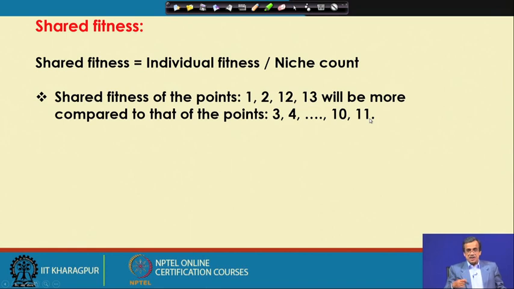Now, let me summarize whatever I discussed. Supposing that there are 13 points on the rank 1 front, for each point I try to find out what the niche count will be. Niche count is nothing but the summation of the sharing function values, and to determine the sharing function values we take the help of the Euclidean distance.